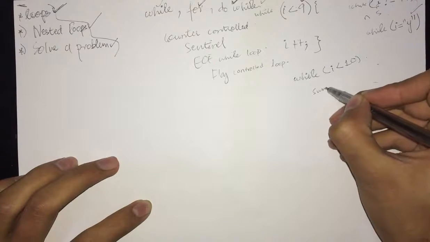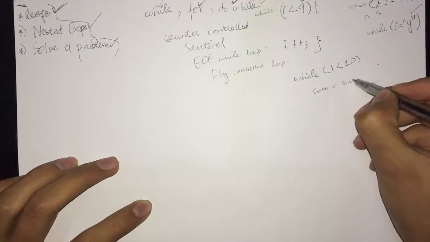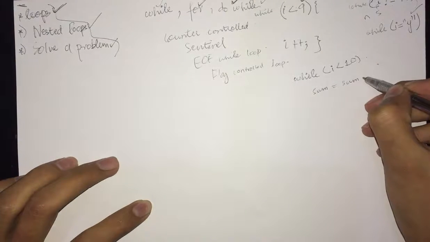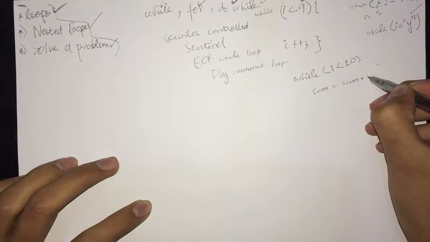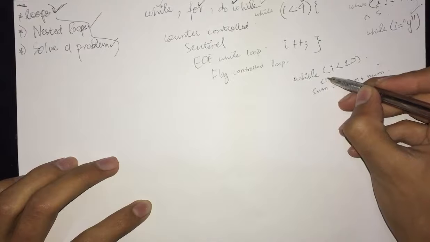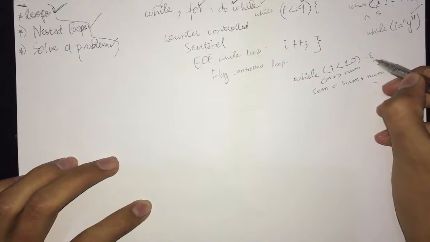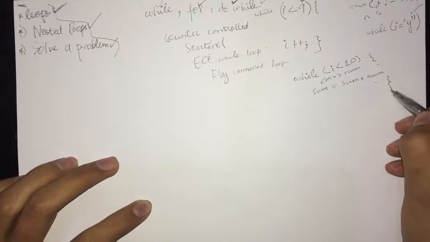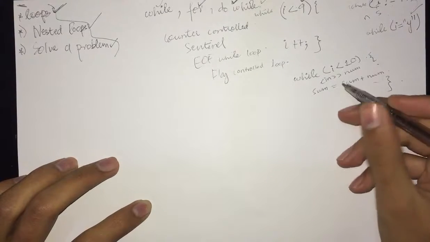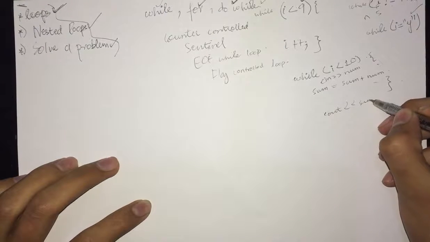Then we have sum equal to sum plus num. Here we enter in num. So this is a loop, and then we exit the loop, and then we see out sum.